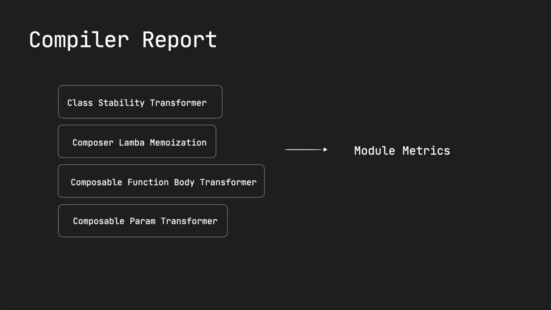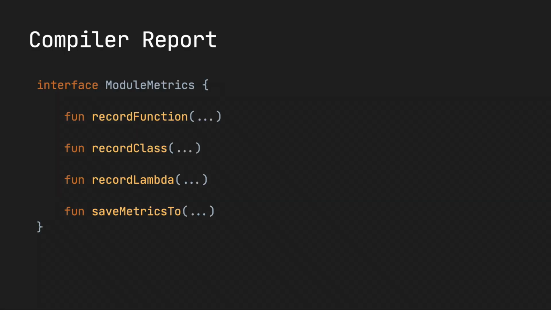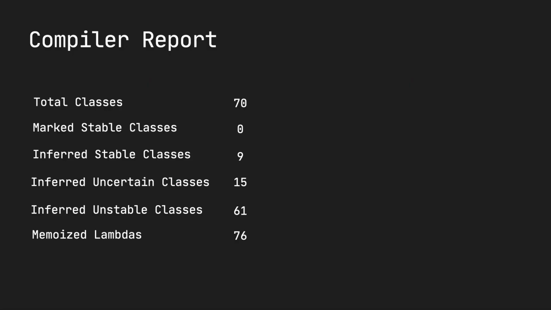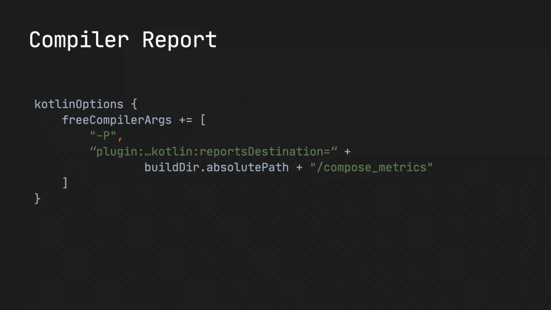It's an interface, and it has different methods to record information, such as the number of composable functions you're using, the number of lambdas you have, the number of classes you have, and has information about skippability, whether it's restartable. So it's very useful information, and this is what a compiler report looks like, all these different statistics, and you can get them by turning on this configuration right here in the Compose compiler.